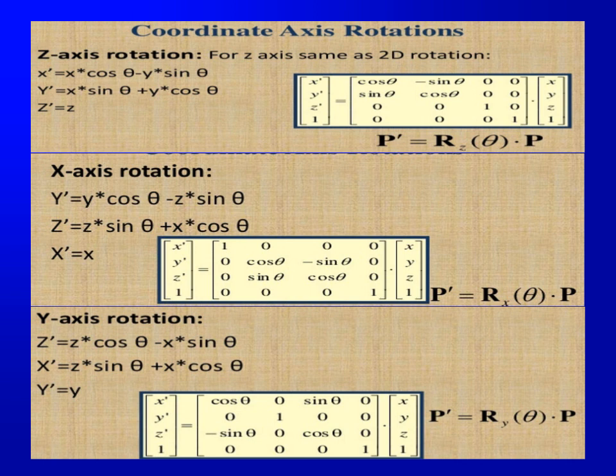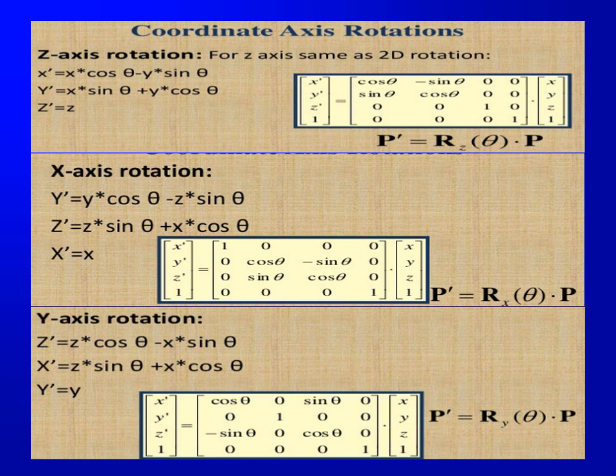In the matrices, the new coordinates x dash, y dash, z dash and a 1 are equal to cos theta, minus sin theta, 0 and 0, right? Then sin theta, cos theta, 0 and 0, then 0 0 1 0 and 0 0 0 1, right?